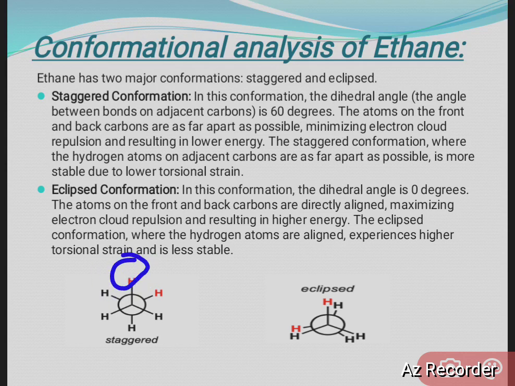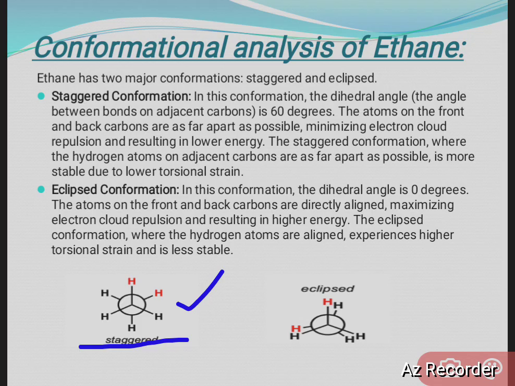Hydrogen atoms on the adjacent carbons are as far apart as possible. Hence there is less repulsion between the atoms, so this is the more stable conformation, due to the lower torsional strain.